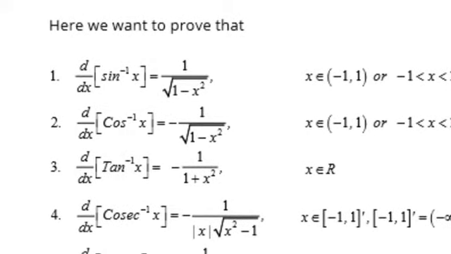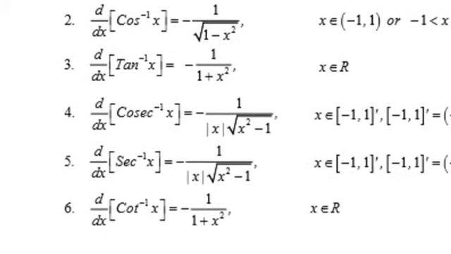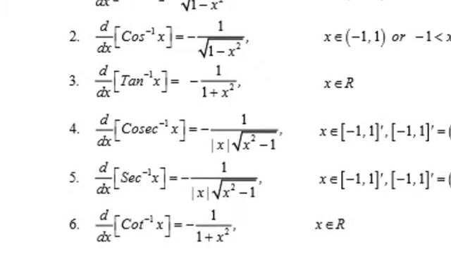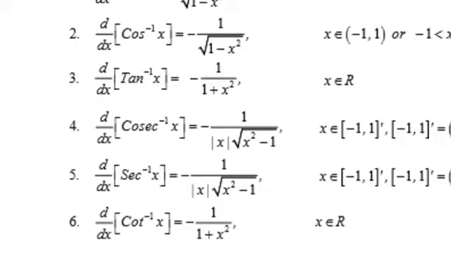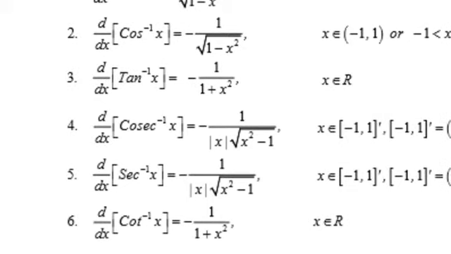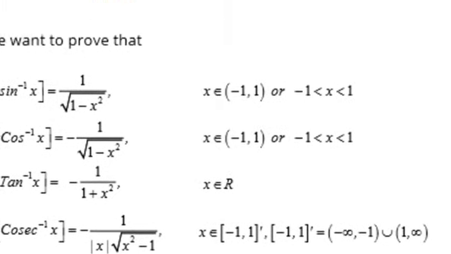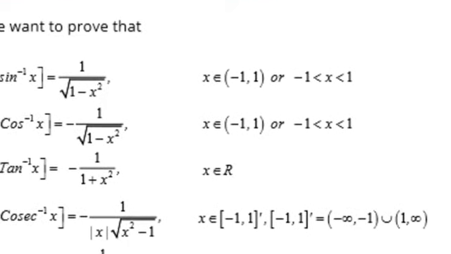The derivatives of tan inverse x and cot inverse x are also the same. Here we also note that for a function which starts with the letter C, its answer is negative and the other answers are positive. These are their domains, important for the objective.